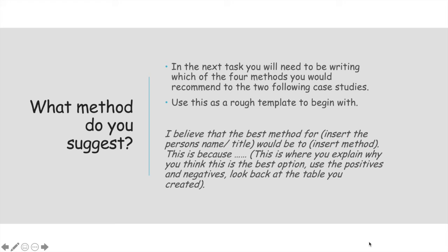Use this as a rough template to begin with. So I believe that the best method for the person's name, there's 2 different people, would be to insert method. So I could say, as the example I've been going with this entire lesson, is receiving aid from the UN. So I could say, I believe that the best method for the farmer would be to receive aid.